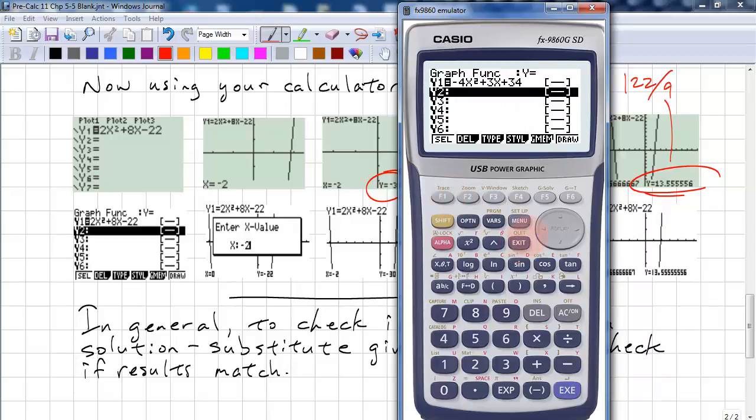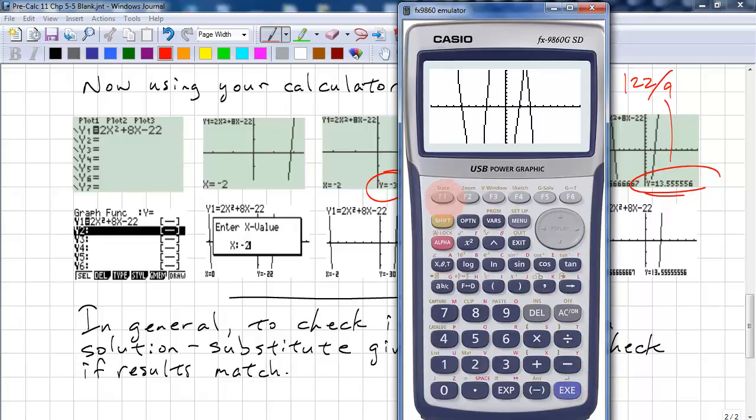If you want, you can enter both functions and trace, and enter negative 2. We press up or down to switch between the two equations, and it'll give us both answers. If we enter 8 over 3 and press up and down, we get the same answers.